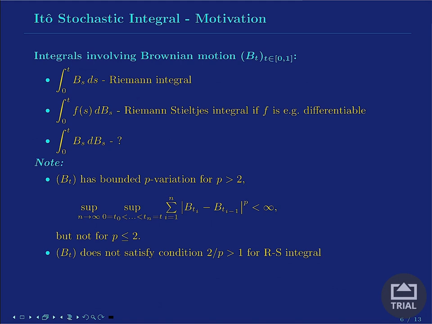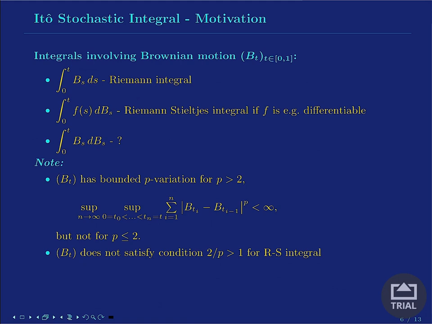So that means, as we have here the same Brownian motion as an integrand and an integrator, we have 1 over p plus 1 over p, that is 2 over p, as a condition, and as p is larger than 2, we actually have here that 2 over p is not larger than 1 in the case of the Brownian motion.